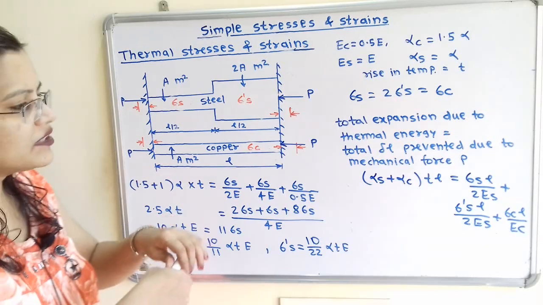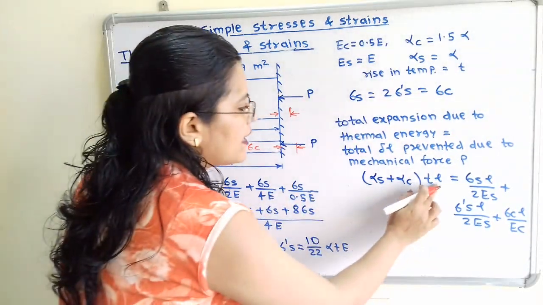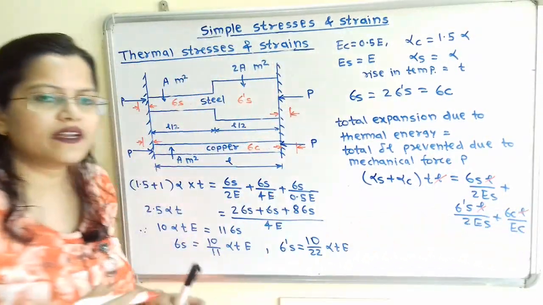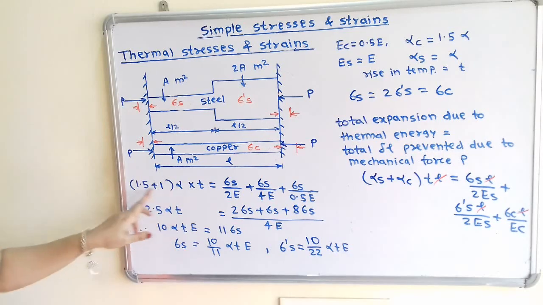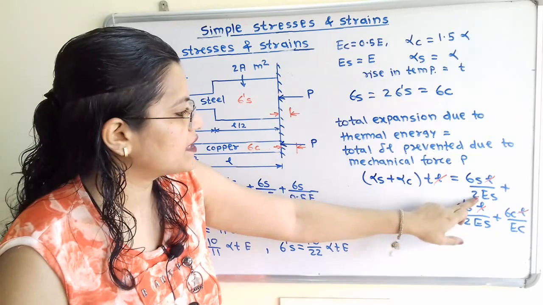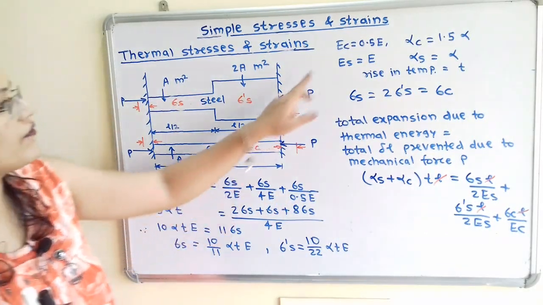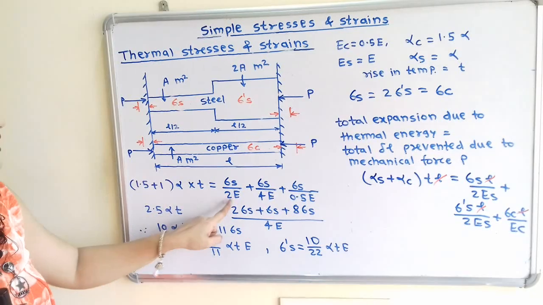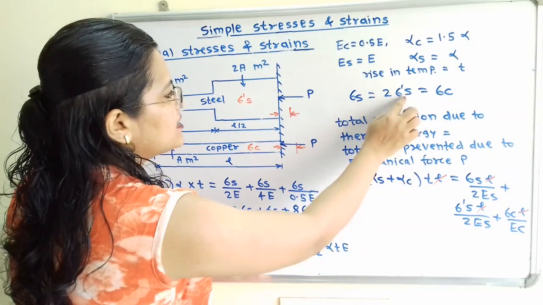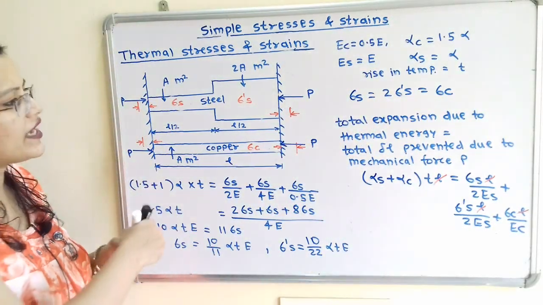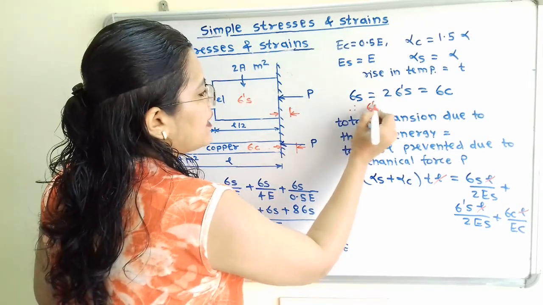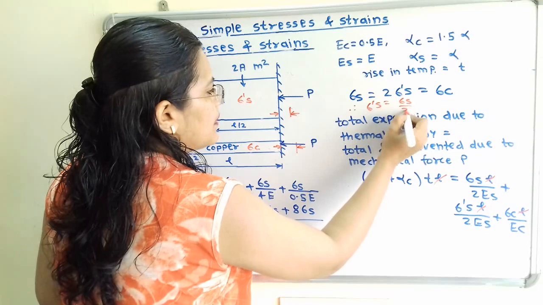If we observe this equation, L is a common term on both sides, so we can cancel it and write 2.5 alpha multiplied by T is equal to sigma S divided by 2ES. Instead of ES we write E, so sigma S divided by 2E plus, now we will write this term sigma dash S in terms of sigma S. Twice sigma dash S is equal to sigma S, therefore sigma dash S is equal to sigma S by 2.